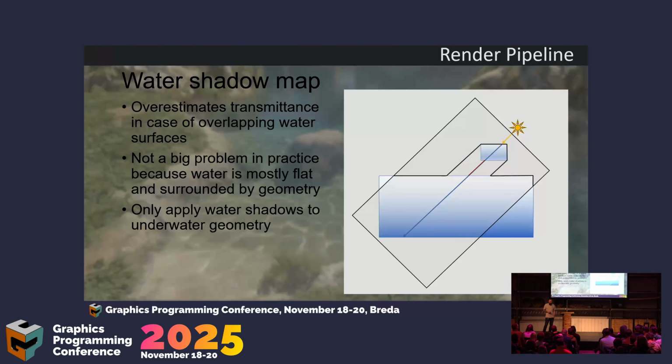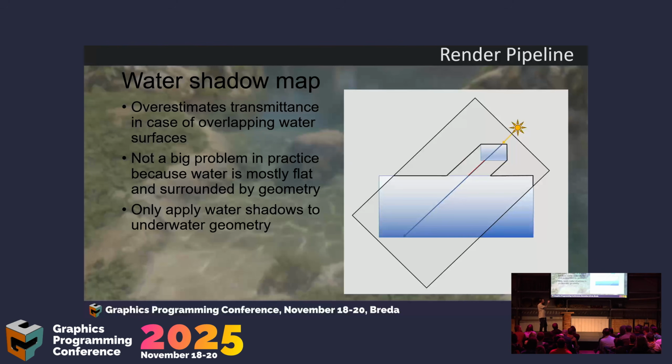We can compute the transmittance from the water depth analytically by treating water as a homogeneous media. Because we render the closest water surface depths into our shadow map, we overestimate the transmittance in case of multiple overlapping water surfaces.